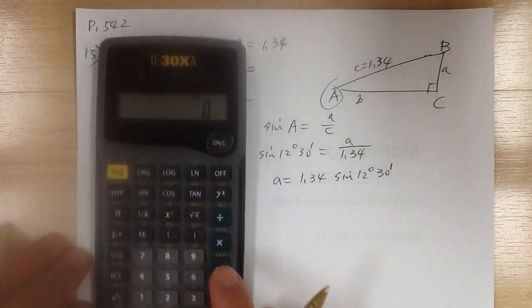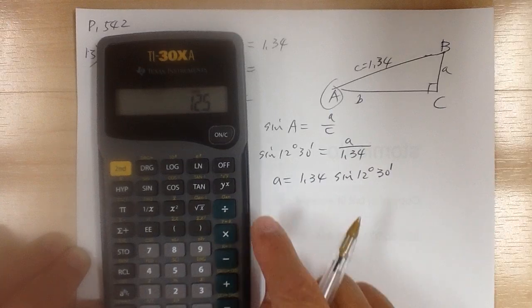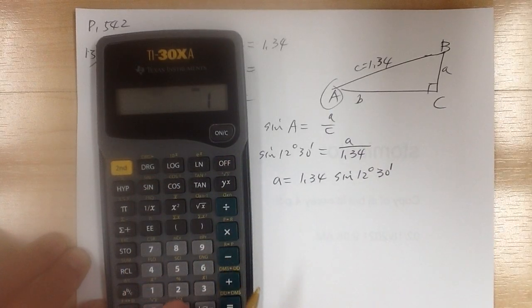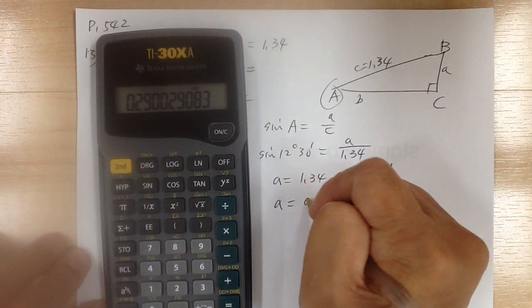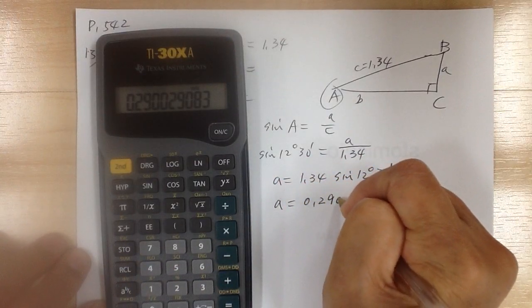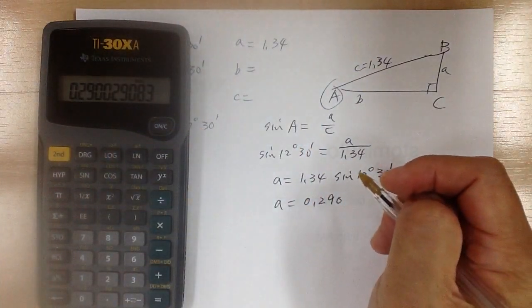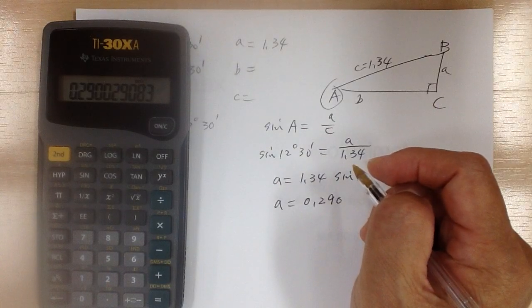So 12.30, get into dd first, then go sine, then times it by 1.34. A equal to 0.290. And you want to have a 0 in the end because there are 3 digits, right? So you want to do three significant digits.